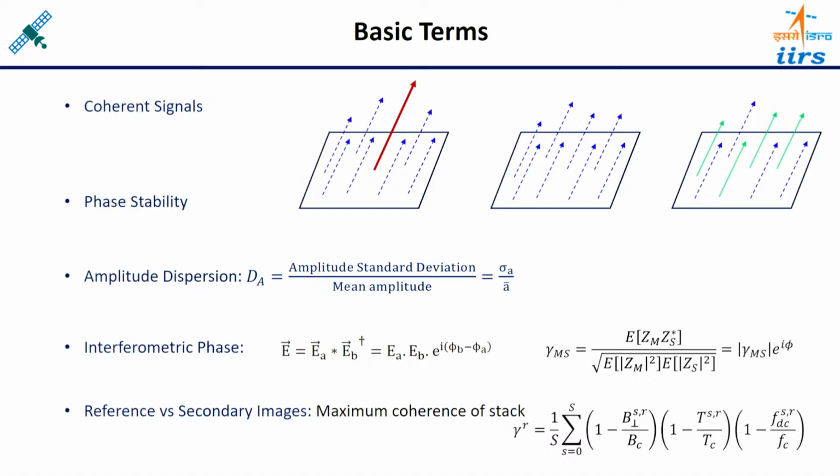So in these coherent signals, actually two types of points are mentioned here. You can see this is one type of resolution cell, this is another category, this is another category. In this resolution cell different backscattering information is coming. A few are shown by the blue dotted lines, and one is shown by the solid red line.